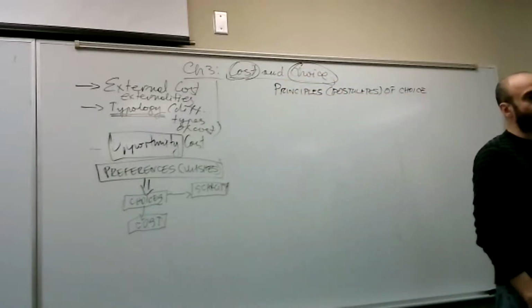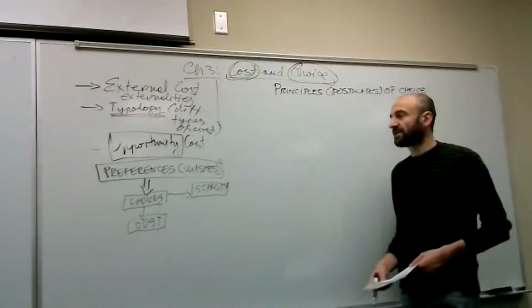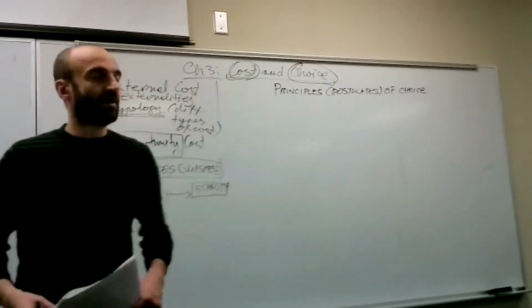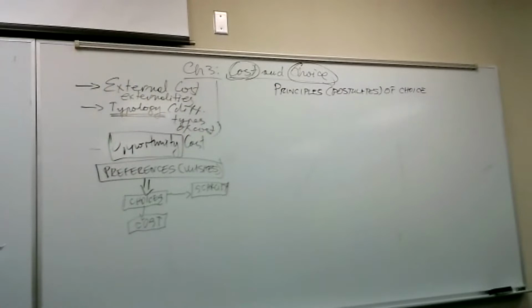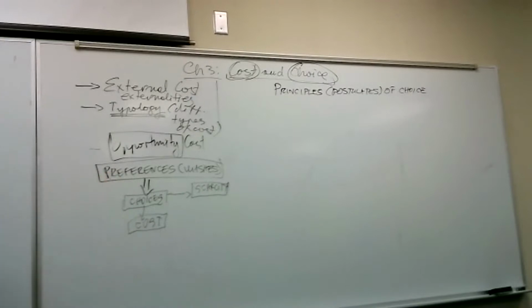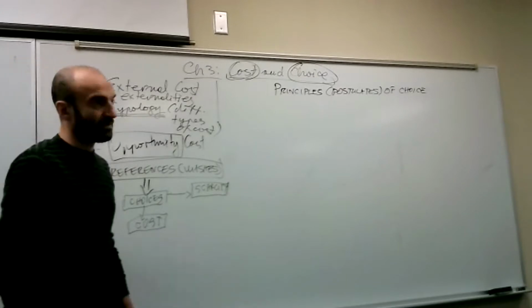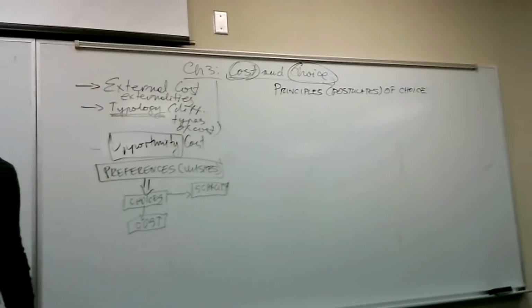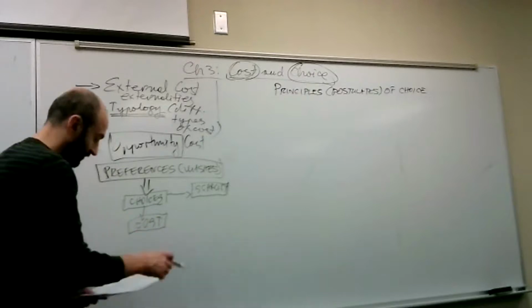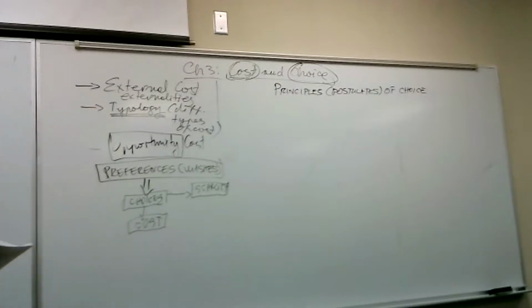Choices with scarce resources, which means resources or things that have multiple uses, and we have to decide among these potential different uses. Our preferences are conflicting, we want more than one thing, and we have to decide which ones are going to be satisfied and which ones are going to be sacrificed. This is opportunity cost.